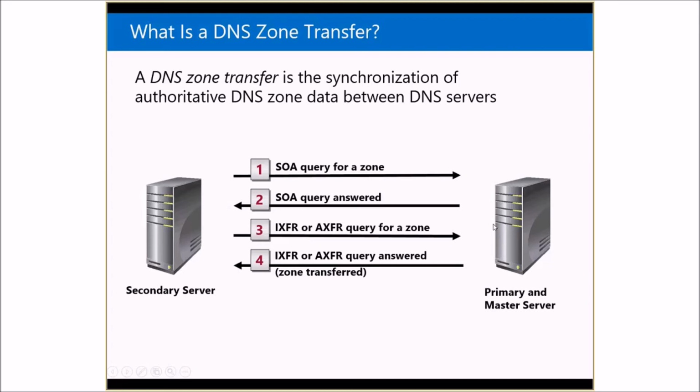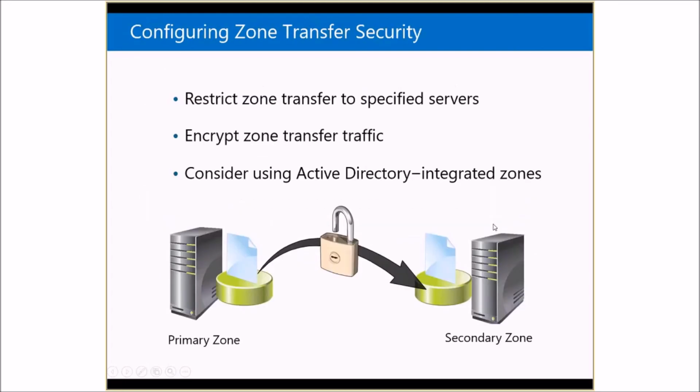So basically we need to secure it. We can secure zone transfers by configuring the zone to restrict zone transfers to specific servers. So I'm going to list all the servers that are allowed to do a zone transfer. Okay, so if an attacker has a computer and tries to initiate a zone transfer, unless they are one of the servers in the list, that will be rejected. We can also encrypt the zone transfer traffic.